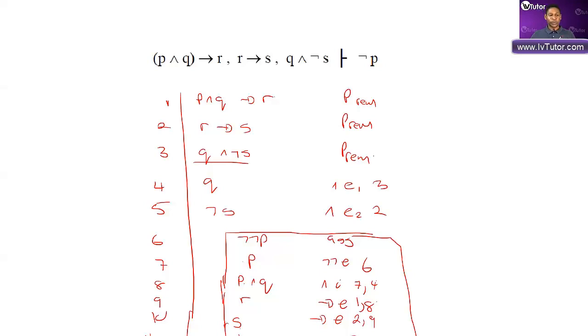Especially now, because you've got a rule like LEM that can keep on introducing P or not P, Q or not Q. It can keep on introducing an infinite amount of new lines to work around. All right. So that is it. Let's look at more examples in the next slide.